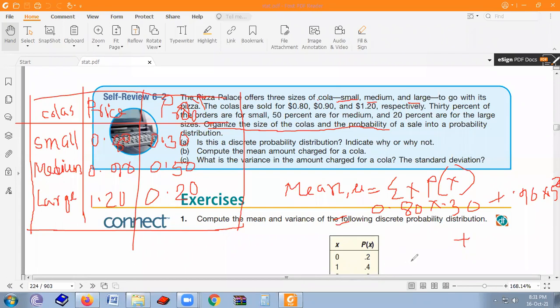So the mean is maybe 0.93 dollars. Okay, so we have to put the dollar sign. And similarly for variance, our formula is sigma squared is equal to summation of x squared times probability of x, minus mu squared. So after calculation, maybe we will get 0.8.